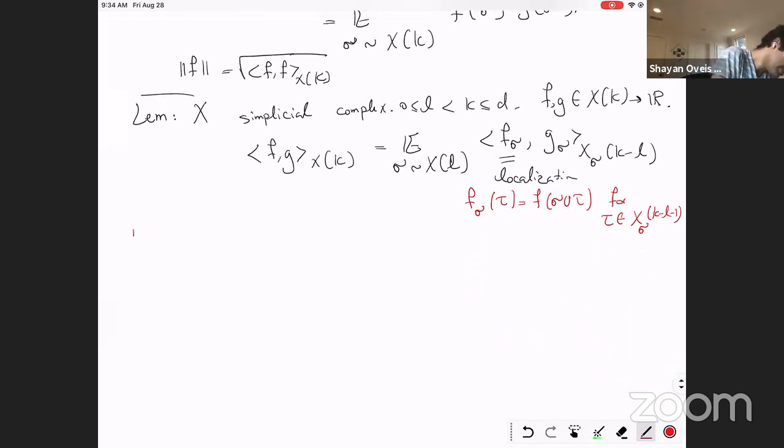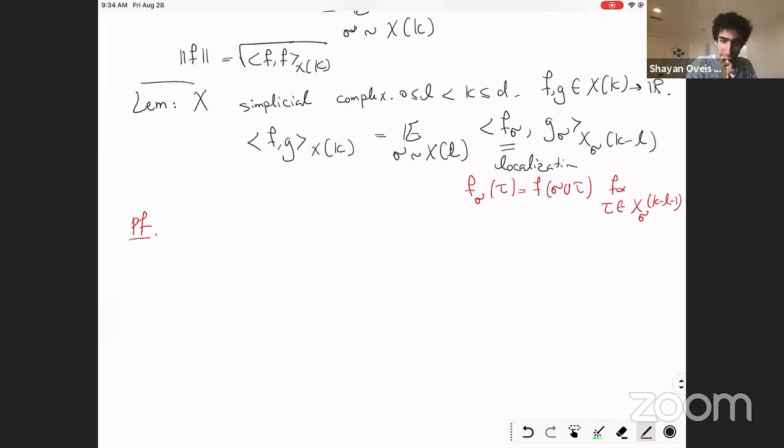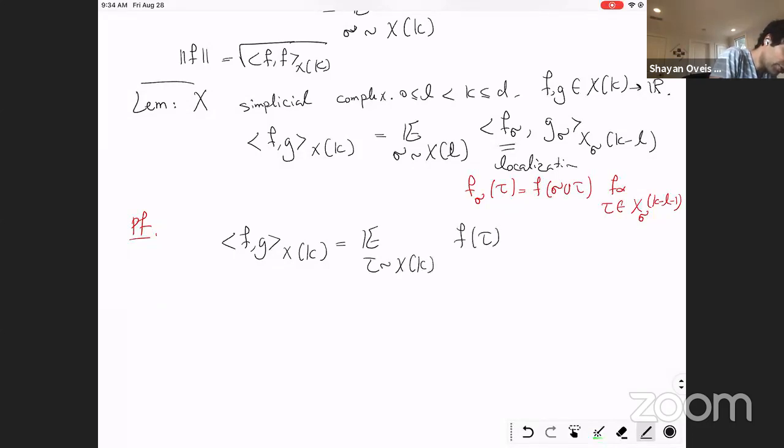So how to prove this? I'm going to prove this one, and this will be the only one I'm going to prove in the interest of time. So I'm interested in the dot product of f and g on Xk. This is equal to the expectation over tau sampled from Xk of f of tau, g of tau, by definition.